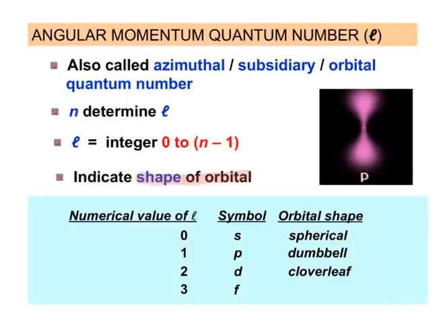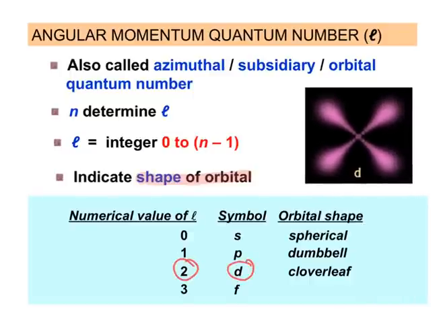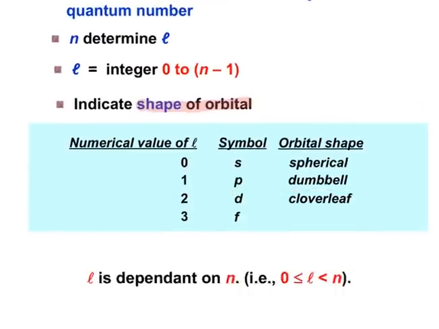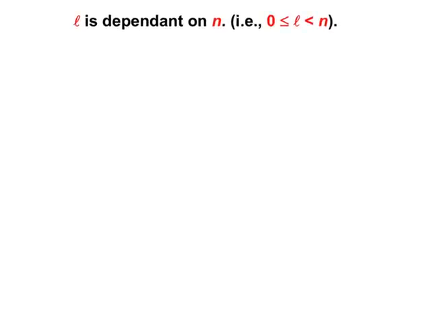And if it is 2, it is a d orbital with cloverleaf shape. Thus, the angular momentum quantum number is dependent on the principal quantum number, so that it is an integer starting from 0 and less than the principal quantum number.